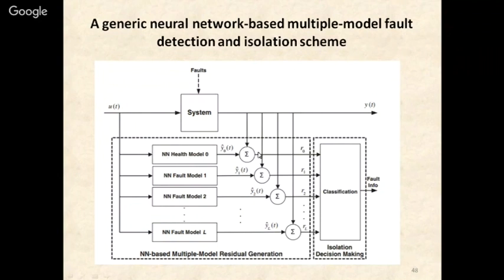And there are some residuals generated by subtracting the two signals. These residuals, or the differences, are then fed to the classifier for decision making. So this is the general approach for model-based fault diagnosis.